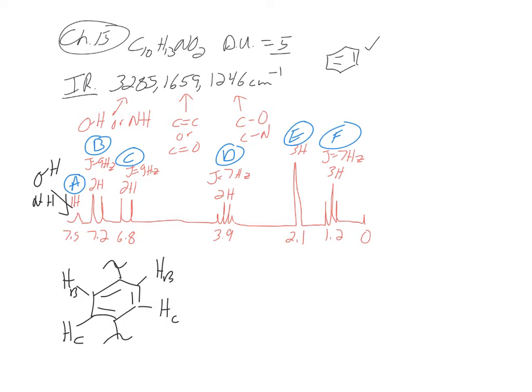Let's go to the most shielded thing. Let's go to F. So what is F? F is a CH3. Actually, before I do F, let's do one other thing first. I forgot to do. What I like to do as well is take C10H13NO2. So we knew we have an OH or an NH. We're still not sure which, right?